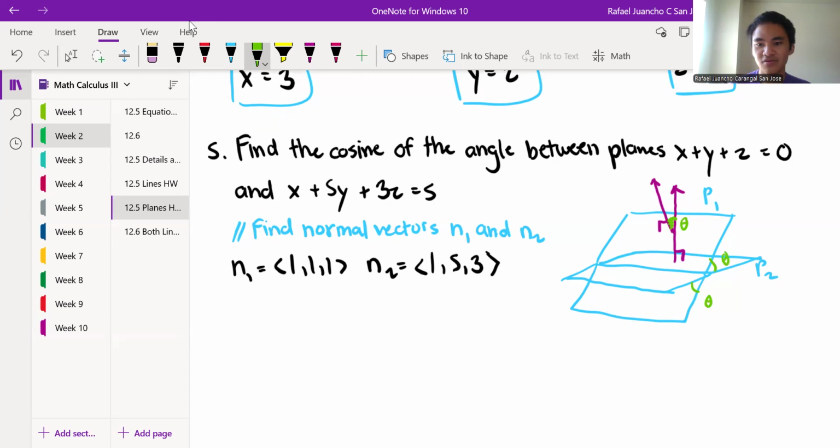And so now we want to find the cosine of that angle. Look at this vector right here, this is n1. That vertical looking thing. That one's n1. And now look at this slanted one here. It's actually not drawn like that. I think it was like this. It's perpendicular to that P1, so it's kind of going up. But that's the other normal vector, so that's n2.